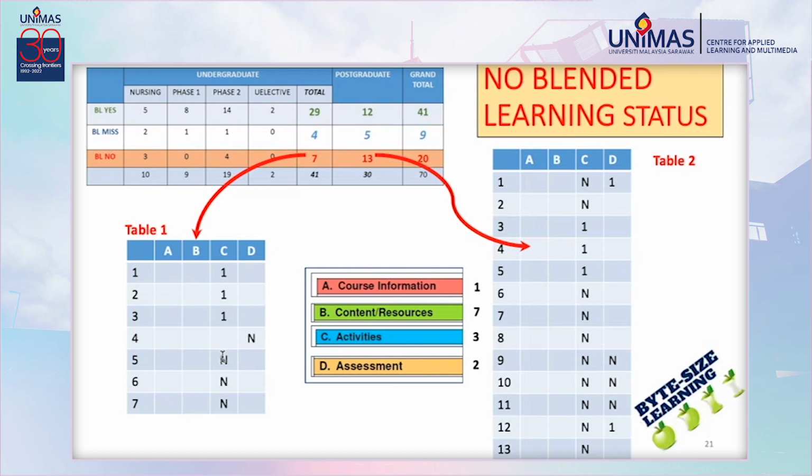So this is what happens when a course coordinator fails to understand the breakdown that they need to achieve. And in postgraduate, it's even sadder. There are many courses that do not have any activities at all. They have the A part and B part covered, and they even have assessment in the form of testing and all that, but engaging the students, they fail to do that.